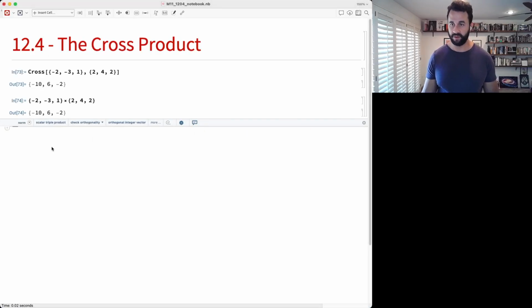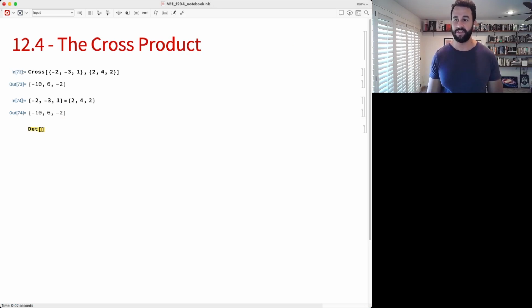All right, so I'm going to go det. And one thing to keep in mind about this function is that it actually computes the determinant of a square matrix. So it requires you to enter things as a single object. So I'm going to put some curly braces right there. And then I'm just going to list my three entries of my 3 by 3 matrix. So if you remember, the top line was ijk.